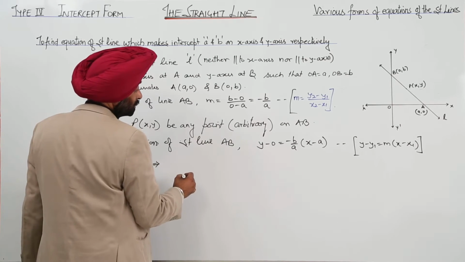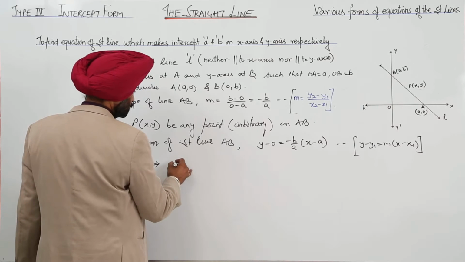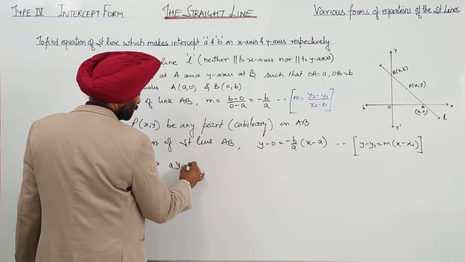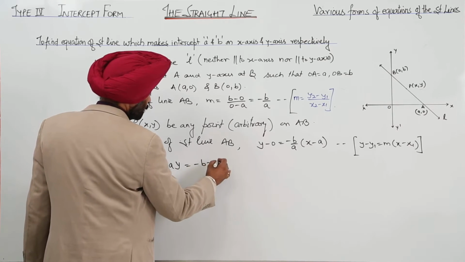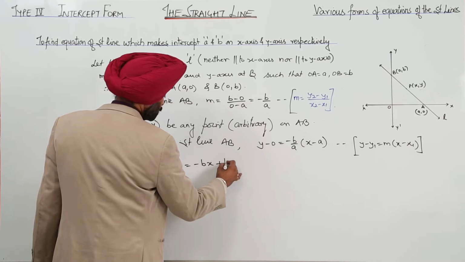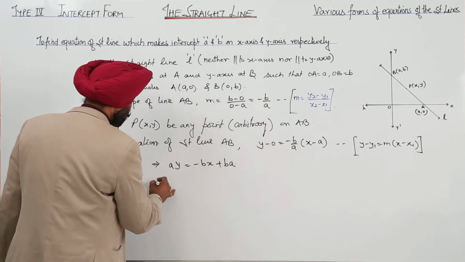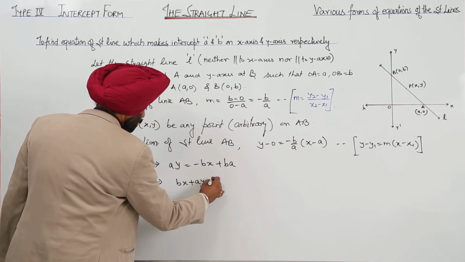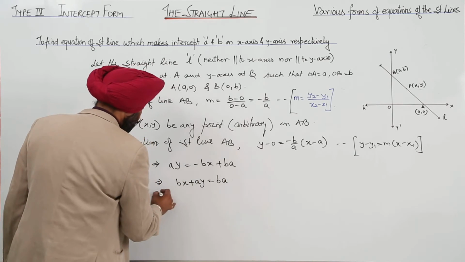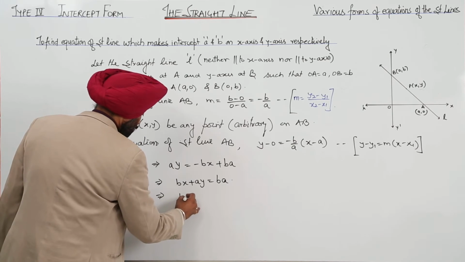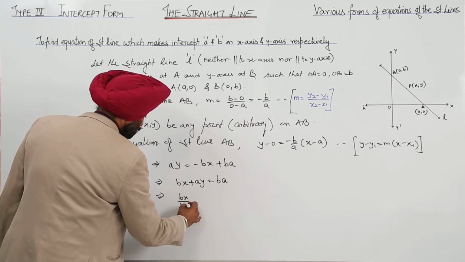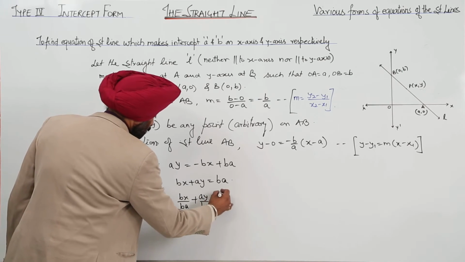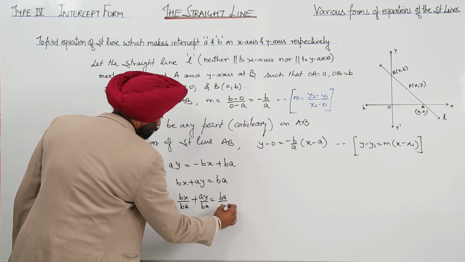Now this becomes ay is equal to negative of bx plus ba, so bx plus ay is equal to ba. Dividing both sides by ba: bx upon ba plus ay upon ba is equal to ba upon ba.